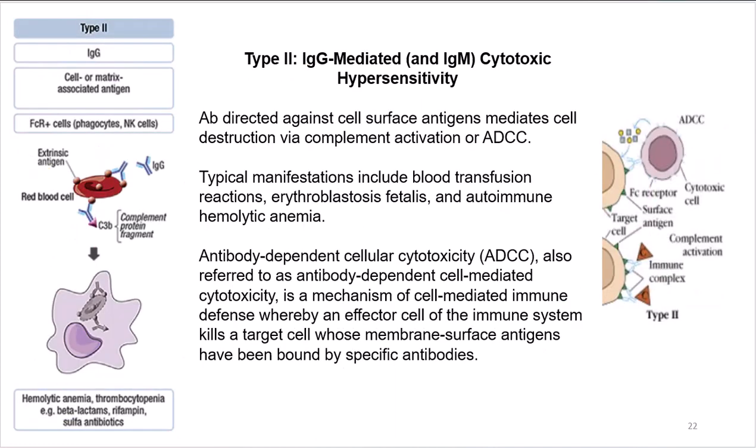Then there's type 2, which involves something called antibody-dependent cellular cytotoxicity, ADCC. And this again oftentimes happens with attacks on red blood cells. So it can lead to a hemolytic anemia where your red blood cells are bursting.